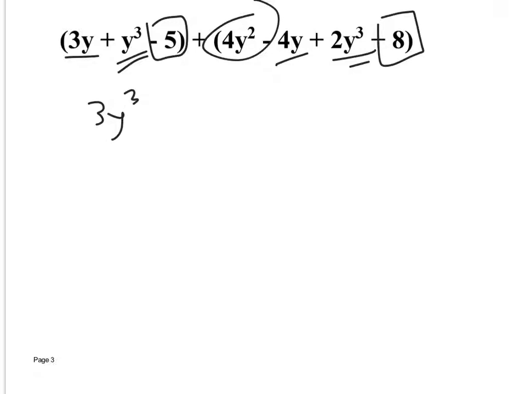You're supposed to go in order of the degrees, which is just the power it's being raised to, so the next one would be 4y squared. Then 3y minus 4y is negative y. The only thing left is negative 5 and positive 8, which would be 3.